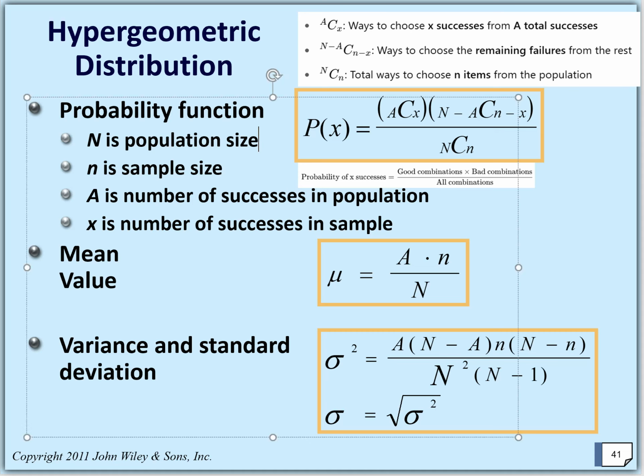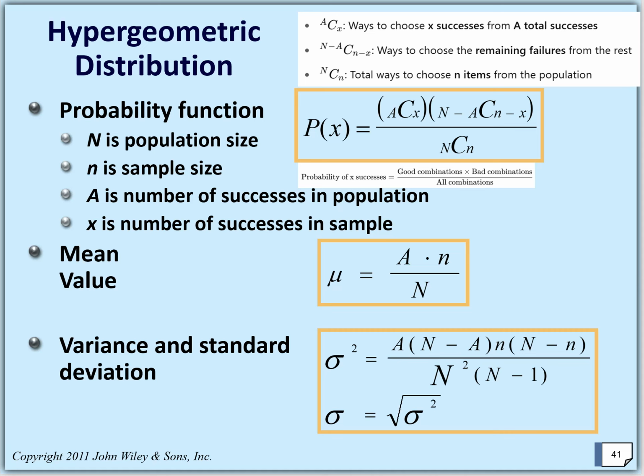So this probability of X happening is really ACX, which is the ways to choose X successes from A total successes. So if a population has 4 males and 6 females, then there are 4 ways in which you can choose a male out of 10.